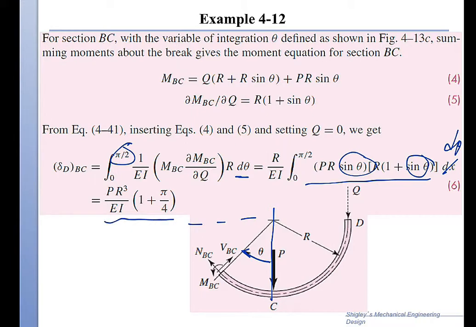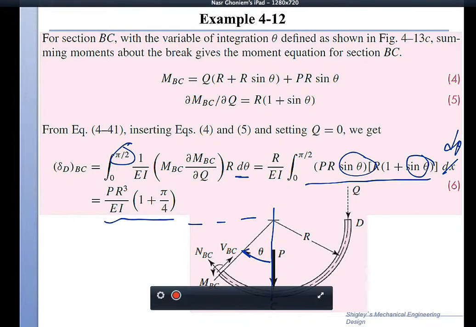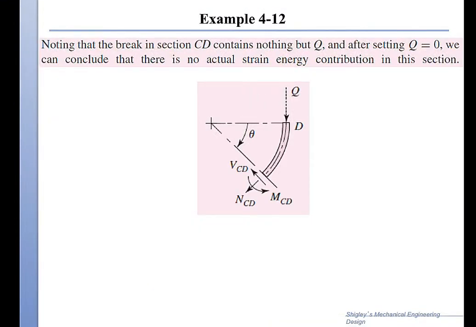Okay, so now the last section is right here, where we have M due to CD, and this M due to CD is just Q times this distance here, and this distance is R minus R sine theta.